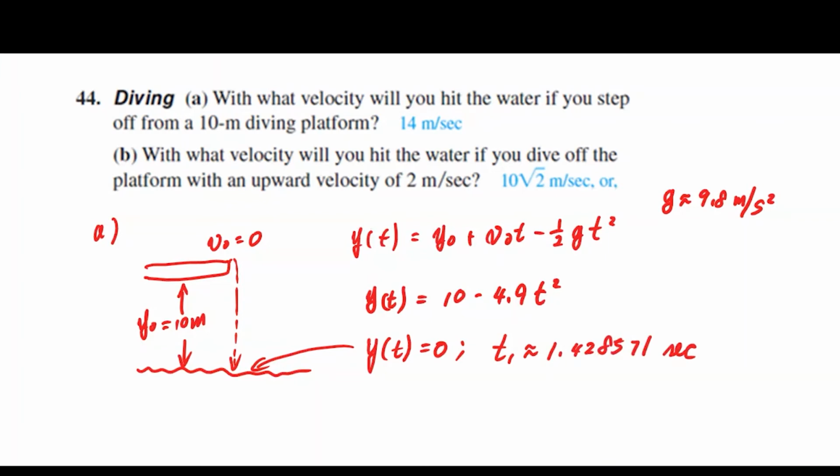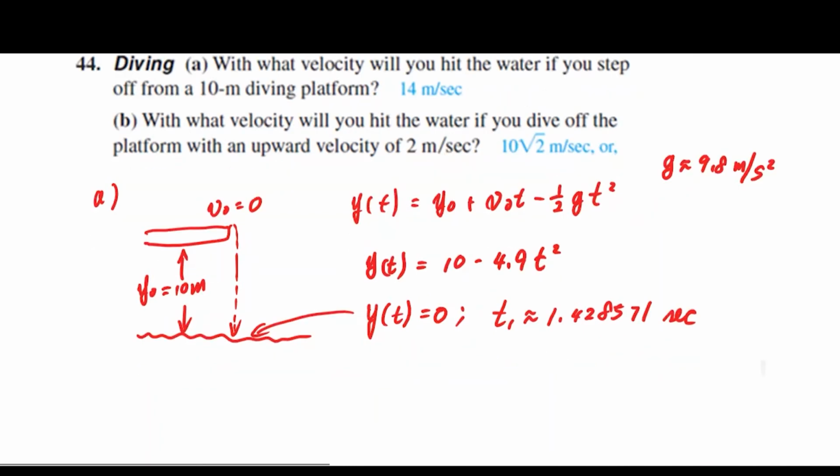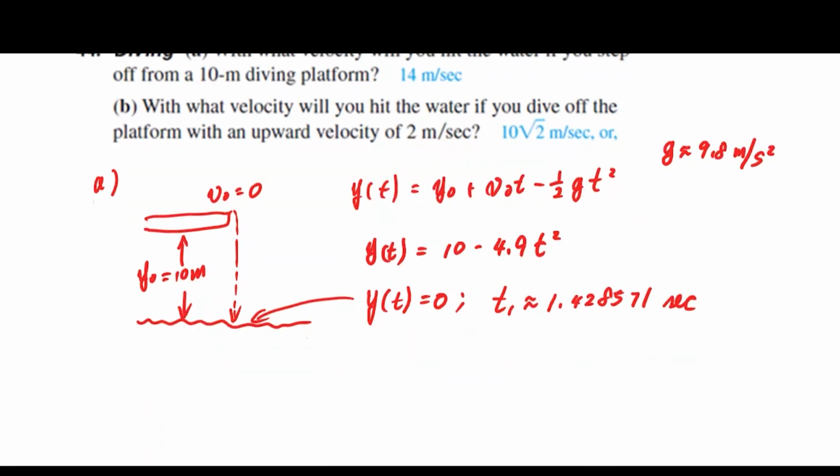Now we are supposed to plug this back into the velocity equation. So what is our velocity equation? I'm going to do that with a blue color now. Our velocity equation is v naught minus gt. You remember this from yesterday's example?